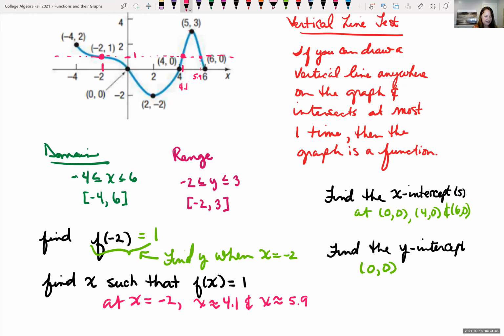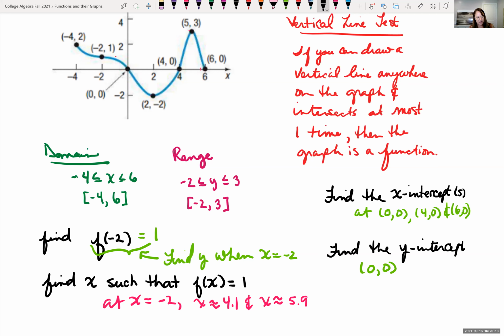I'm going to cover this now. I know this is in the next section, but it's pretty much following the same thing. You should be able to look at where a graph is increasing and decreasing and where it's constant. So we can say that a graph is increasing if, as you're reading the graph left to right, like we read books in at least the US, it's going up.